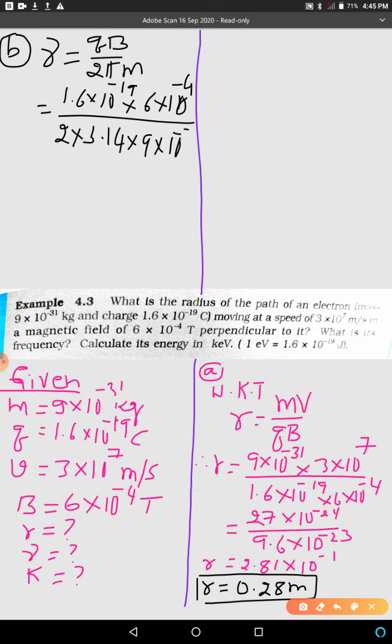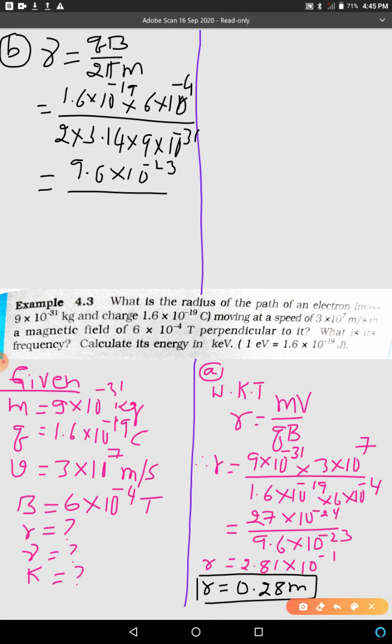So we make the calculation. What does the numerator come to? 1.6 into 6 again, it is 9.6, into 10 power of minus 19 minus 4, it will be minus 23, divided by 2 into 3.14 into 9.